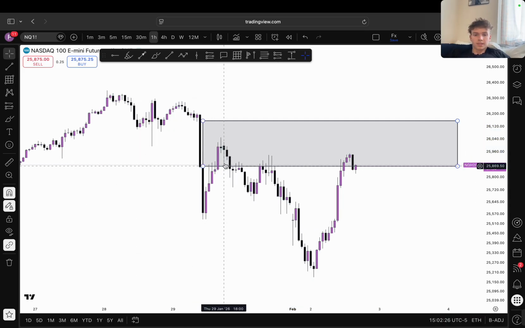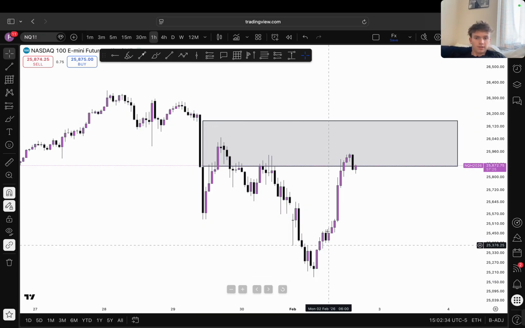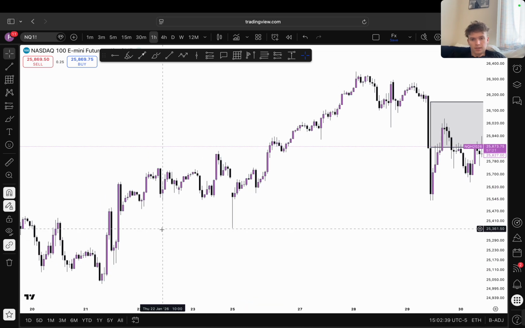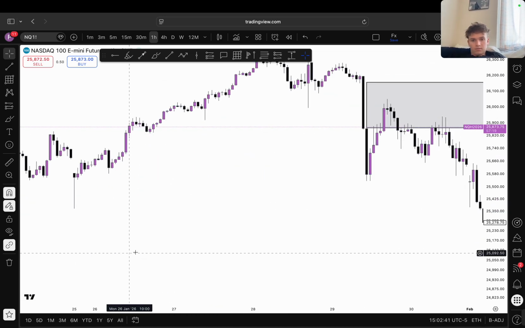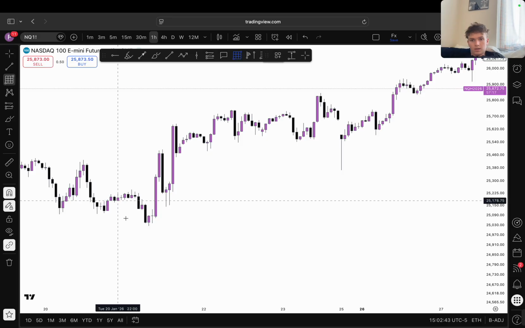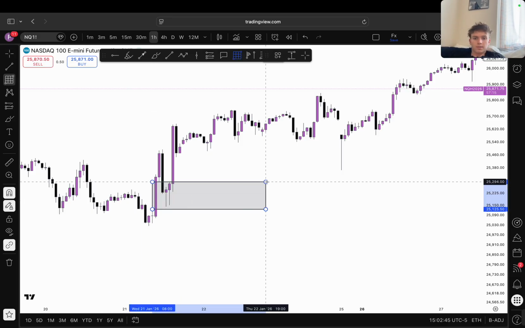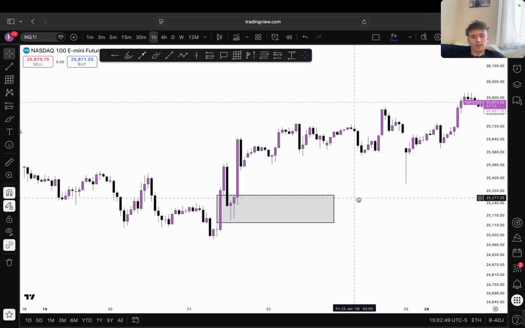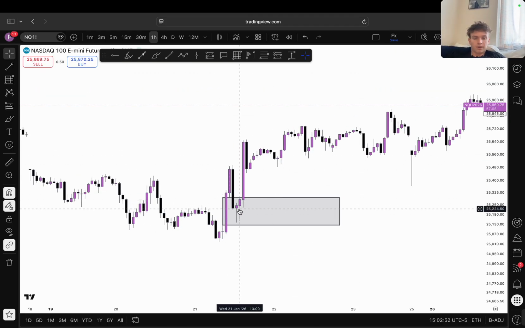Price came into it, but because the body didn't close all the way through, it wasn't disrespected, so it continued off of it. Here too. This is why they're typically used, because if they're respected, then they hold and continue in the same direction. See, it created the fair value gap, price went into it, and reacted off of it.